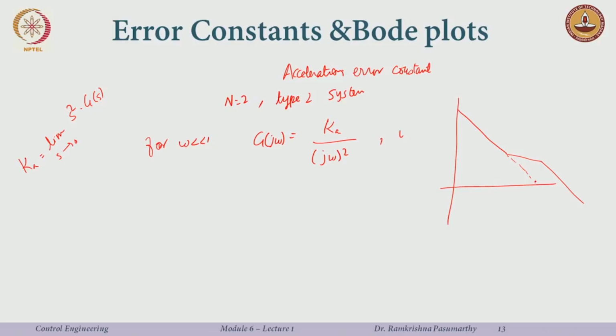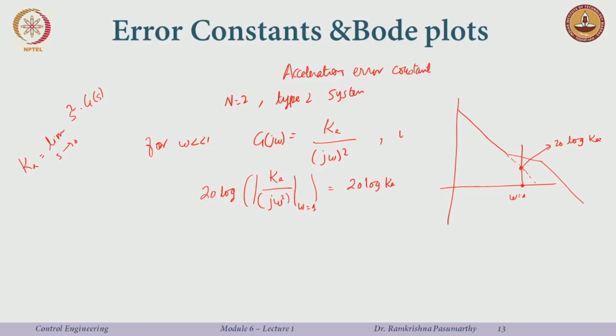I am interested in what 20 log Ka over (j omega) square is. What happens to this at omega equal to 1? This at omega equal to 1 is simply 20 log Ka. So, let us say this is omega equal to 1, and the intersection is 20 log Ka.